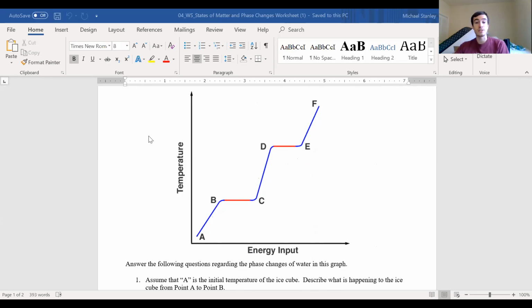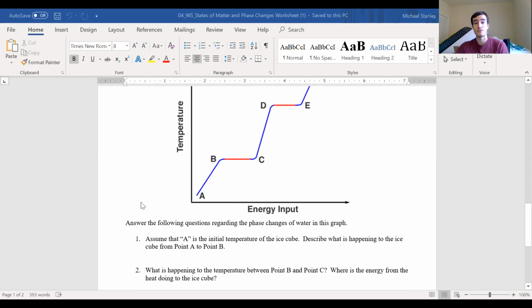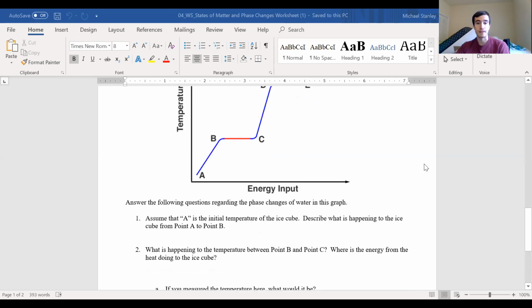And so for each one of these, you essentially have to be able to answer these questions in terms of what's going on in between two different letters, what state, solid, liquid, or gas, we are at each one of these letters, and why it is sometimes that we're increasing temperature versus staying the same temperature in between, like A and B, B and C, C and D, etc.